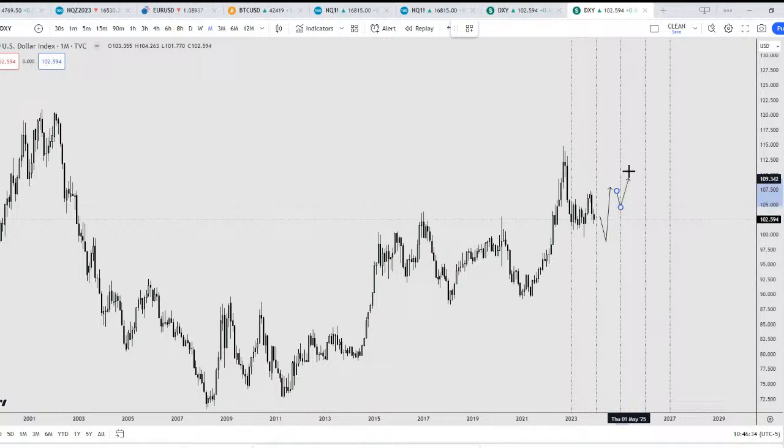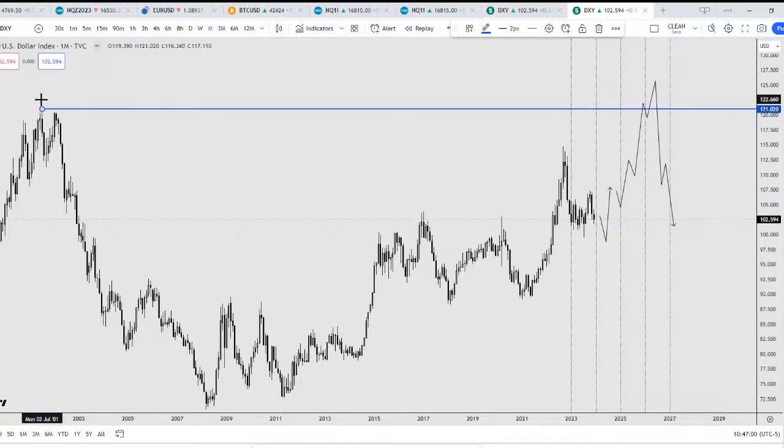Somewhere around here. Just ignore the price, okay, and take note of the time. Distribution. Then we see a blow off top here. Okay, this is what I'm anticipating for the dollar on the macro time frame.